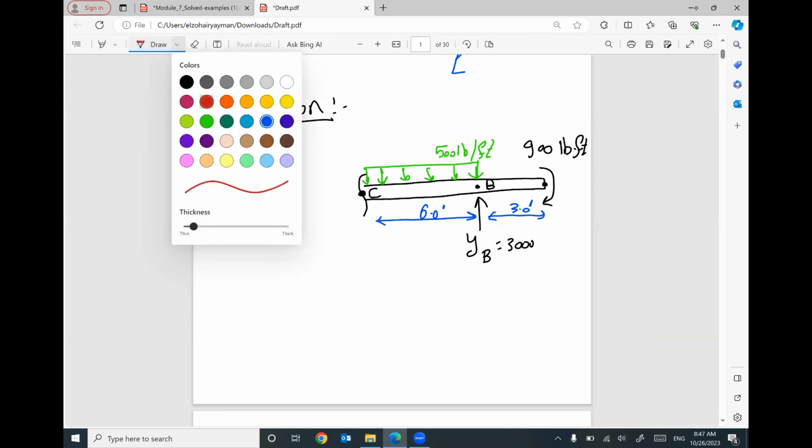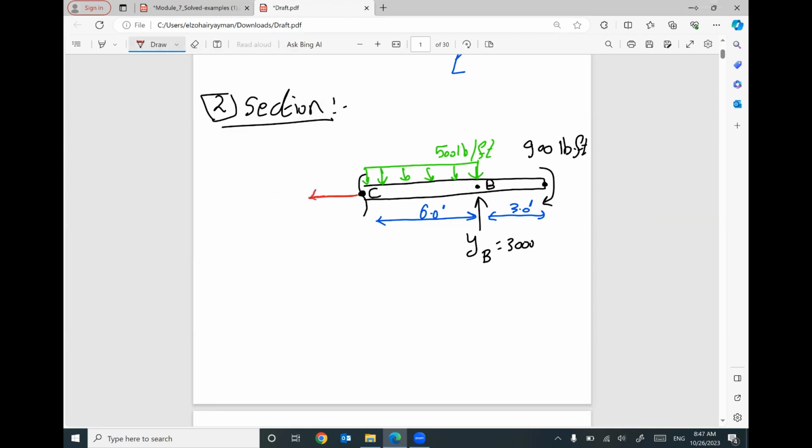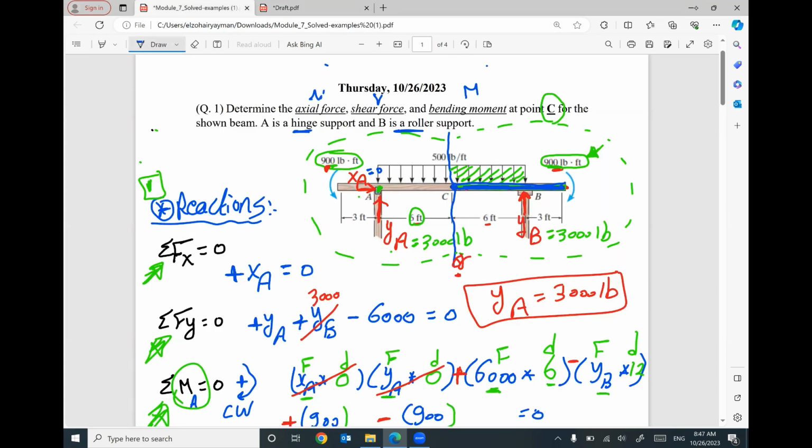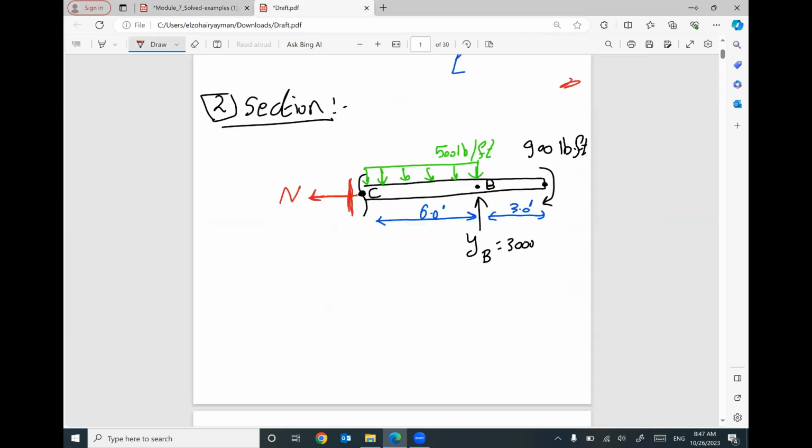I should expect the 3 internal forces: capital N, which is axial force parallel to the beam, shear force, capital V, and also capital M, which is a moment.